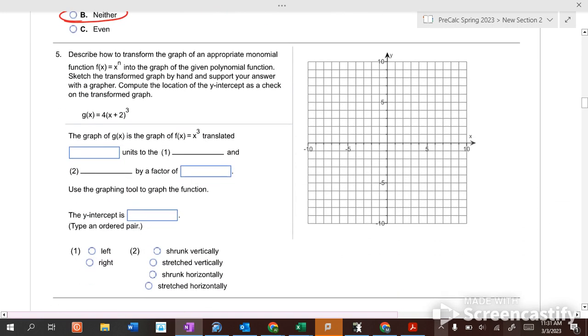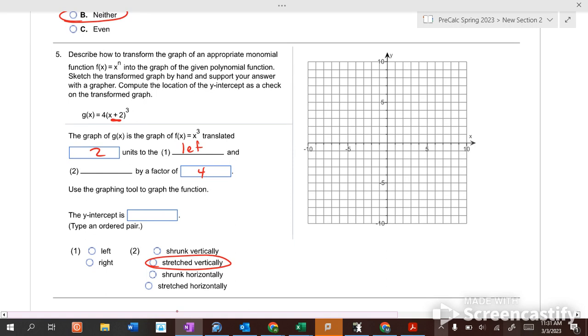All right, 5. How do we transform this? What does the plus 2 do? Left 2. So it's translated 2 units to the left. And it's stretched vertically by a factor of 4. Okay?